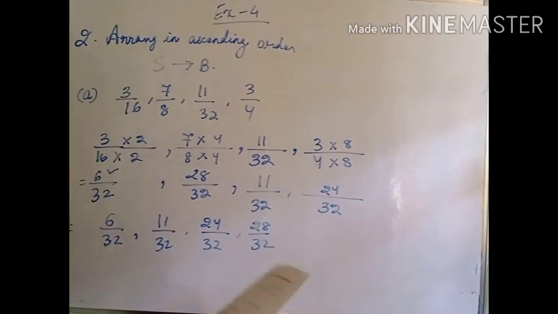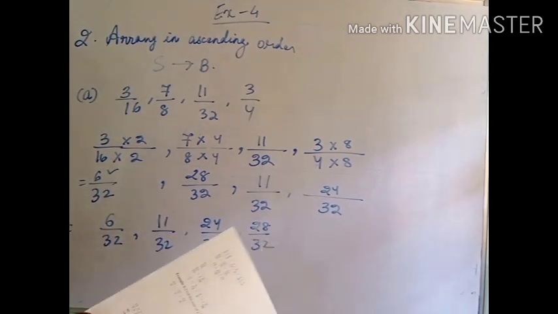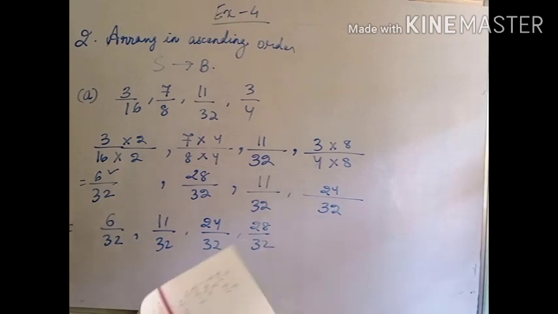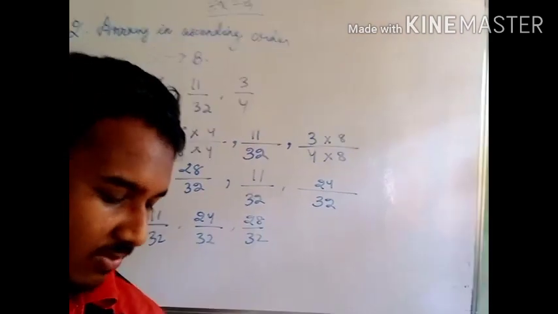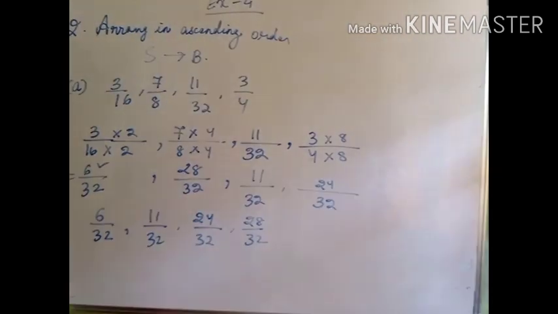Then third number, arrange in the following descending order. Same. Only big to small you have to make it. Okay. Let it be for today. In my next video, I will post you the fifth exercise.